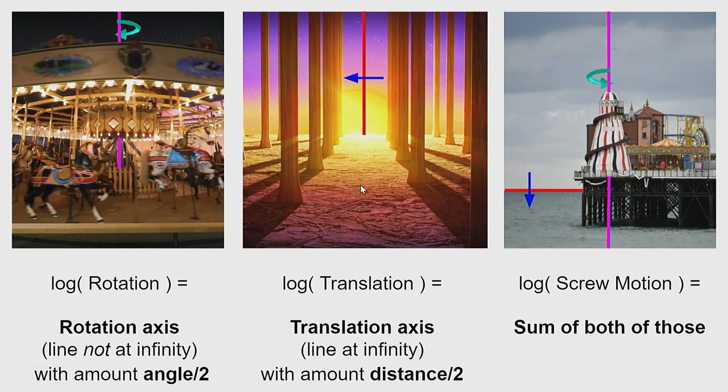If you take the logarithm of a pure translation, and it's a dual quaternion, you will get the translation axis, so you'll get that line back, with amount, in some sense, distance over 2. And if you have a screw motion, as with this helter-skelter, then you'll get a rotation axis added to a translation axis, both of them with amounts angle over 2 and distance over 2.